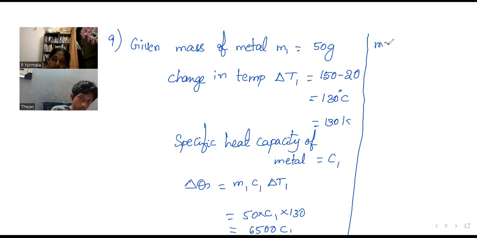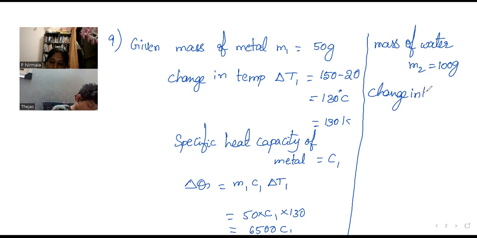So mass of water M2 equals 100 grams. Next, change in temperature. 11 degree and 20. That means here it gained.